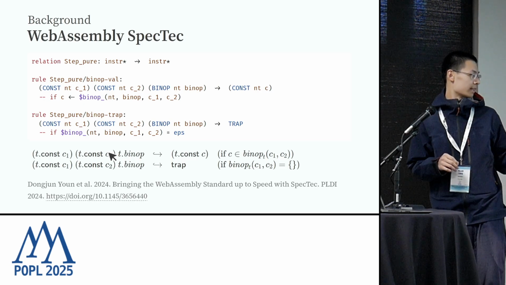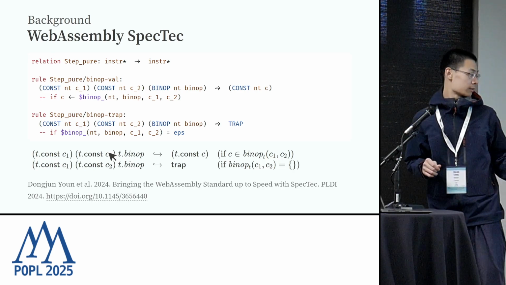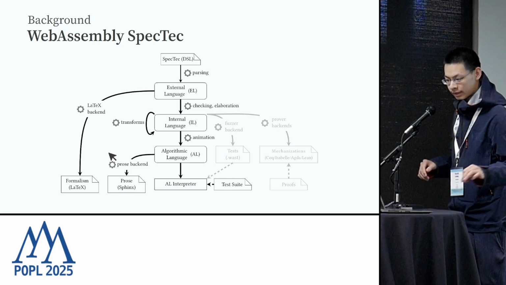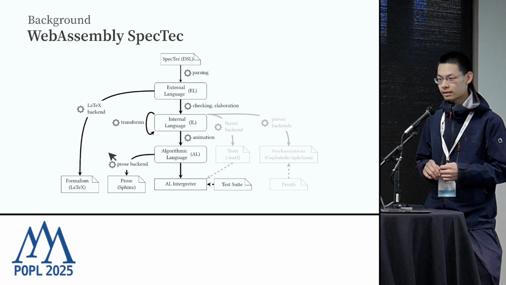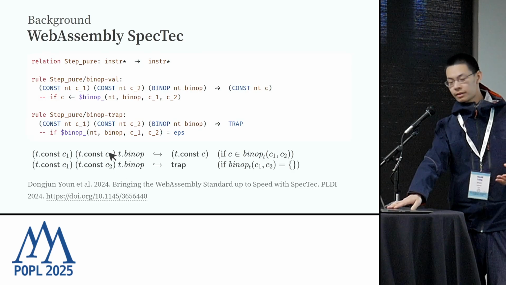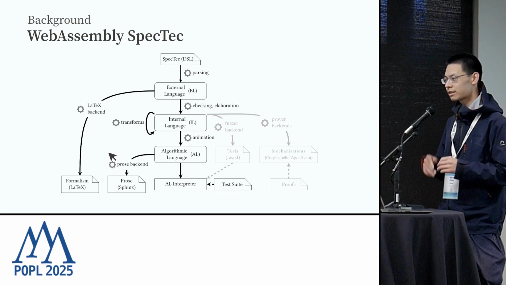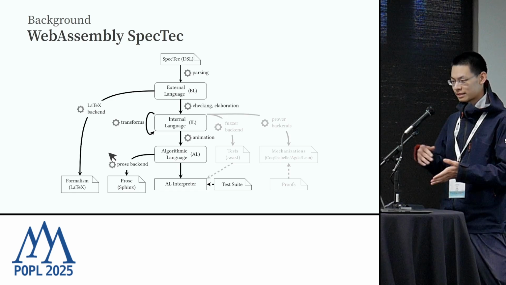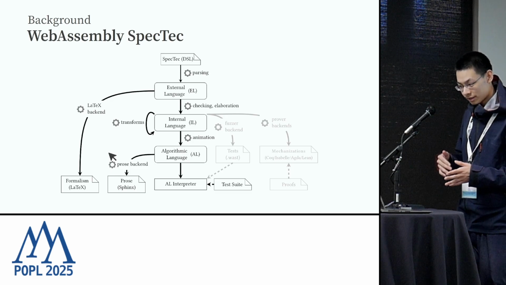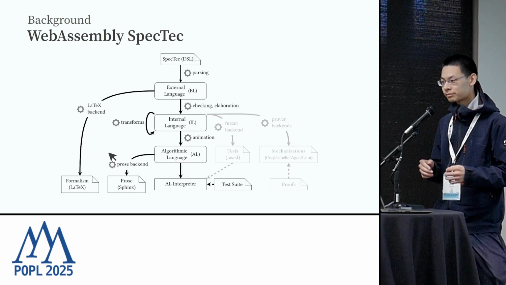So this is work by Dongjun and many other people, presented in PLDI 2024. The way SpecTec works is that the SpecTec DSL that I showed before is first parsed to what we call the external language, EL, which is basically the same as the DSL but as a tree, and then it is elaborated into the internal language, the IL, which is still basically the same, with modular elaboration.